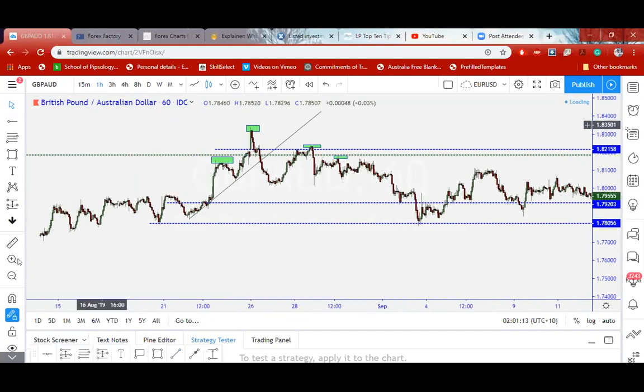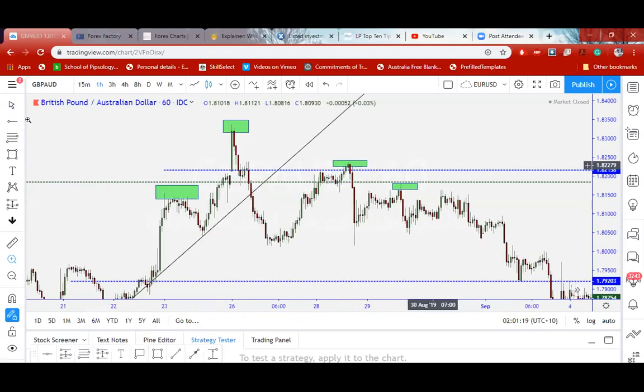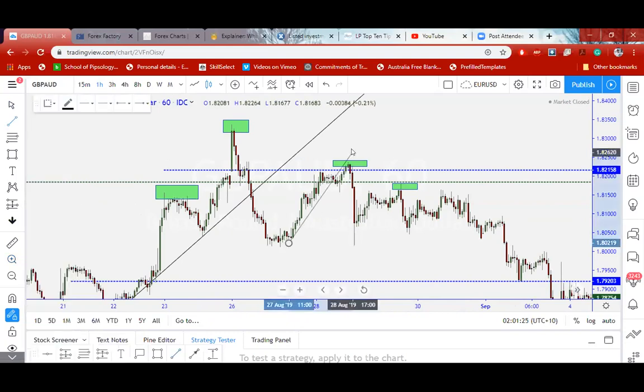Okay, let's put now trend line or counter trend line on the pullback. This is the correct ones.